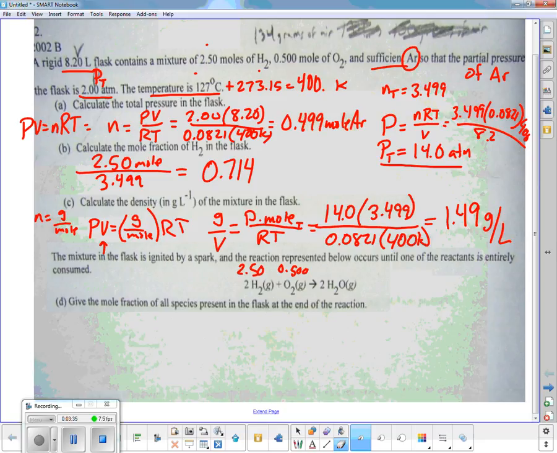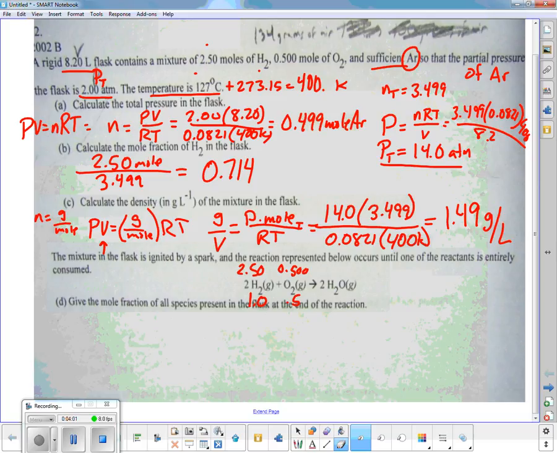That's what it starts with initially. Okay, it's a 2-to-1 ratio. What am I going to run out of? The oxygen. So if I double the oxygen right here, I only need 1 mole of this, right? To use up the 0.5 moles of that. I'll be okay with that.